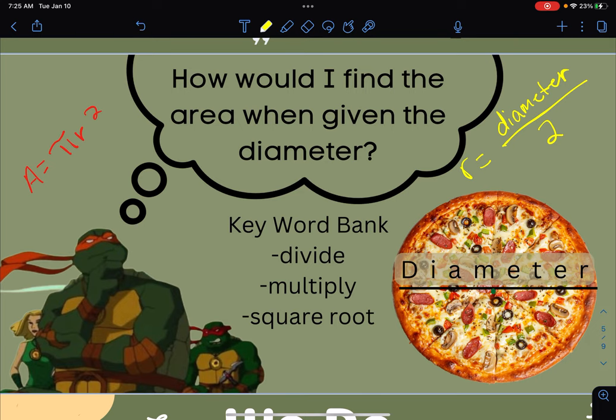On your notes, it says I would find the area given the diameter by dividing the diameter by 2 before substituting.